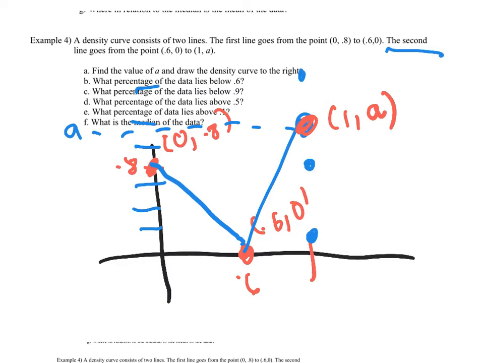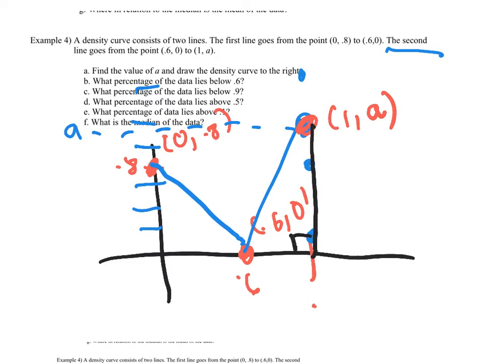And he says that this picture is a density curve, so reminding you of the rules of a density curve. Why can A not be down here? It's not negative, because that area would be negative area. You can't have any area below, so A has to be somewhere up here. And the other rule was the area under the density curve has to add up to what? 1.